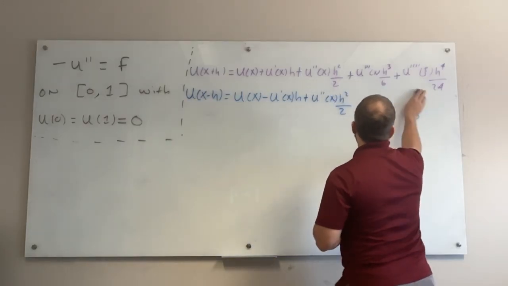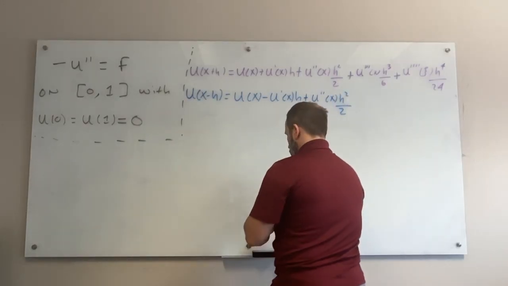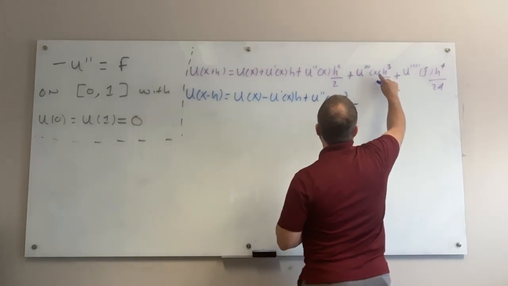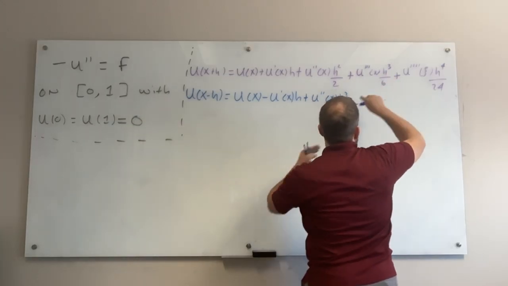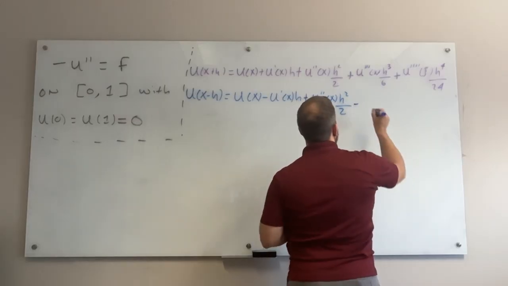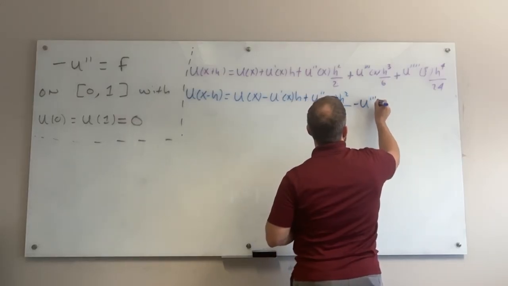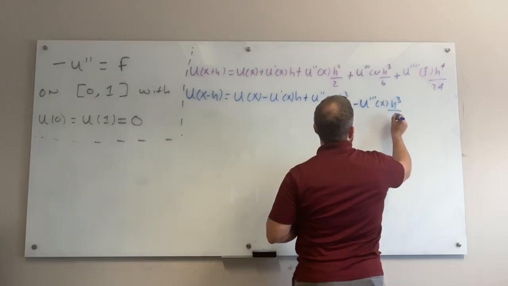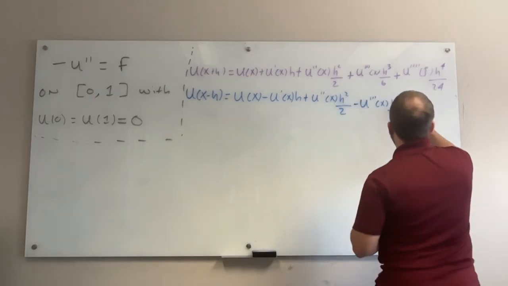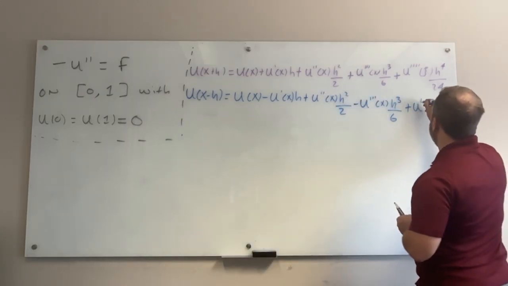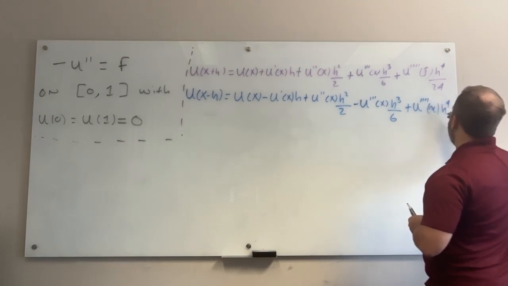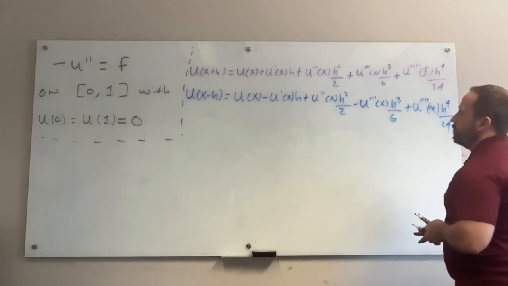And then what's going to change down here? Well, it's going to be minus, because it's going to be minus h cubed, which is h cubed times minus 1. And we're going to get u triple prime of x times h cubed divided by 6, and then plus u, the fourth derivative, eta times h to the power of 4 over 24.